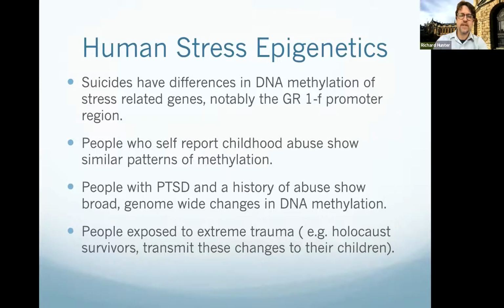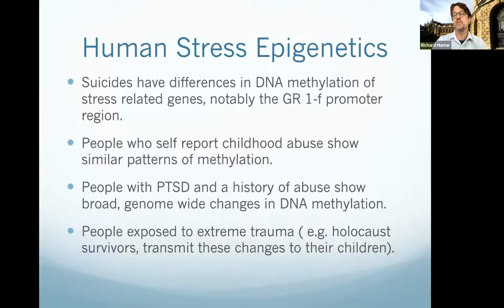And it seems like there's transmissible aspects of this that go on to their children. In the case of Holocaust survivors, their children are much more likely than relatives whose parents did not go through the Holocaust to wind up with PTSD as adults. They also show changes, as I'll show you in a bit, in methylation of the glucocorticoid receptor.